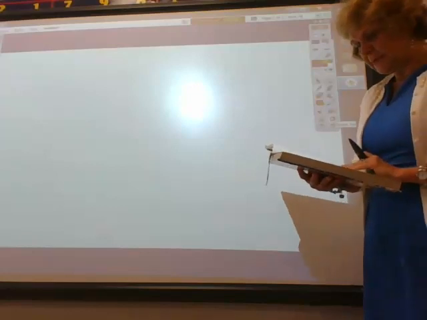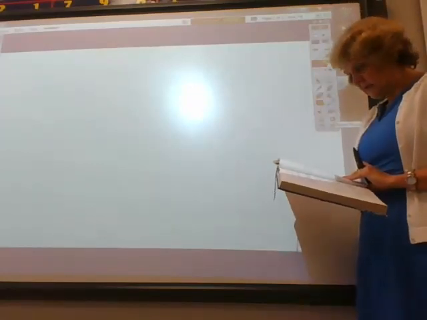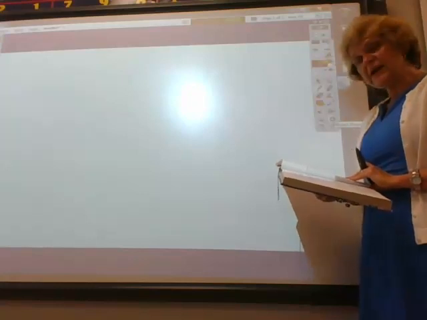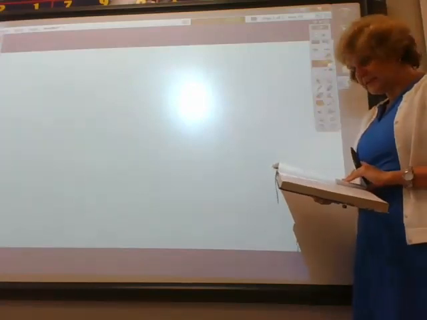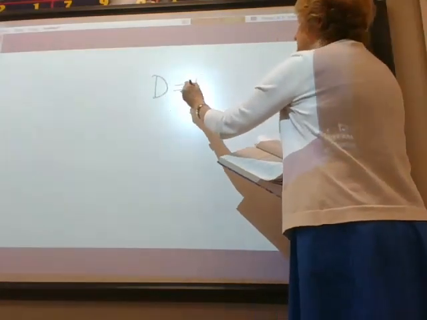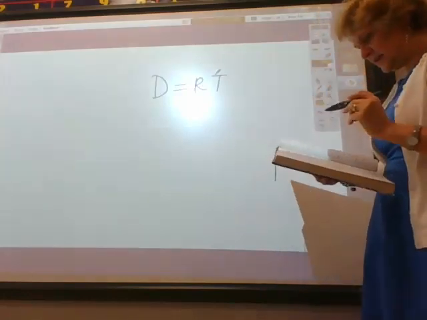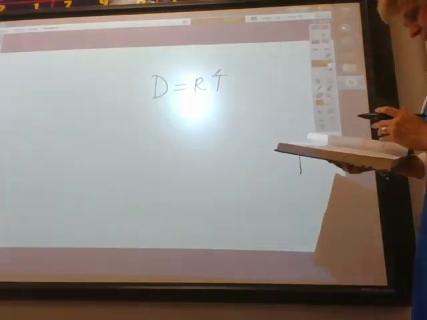Okay, the next example. The distance traversed by a car traveling at a constant speed is directly proportional to the time spent traveling. Okay, so we're very familiar with this one. Distance is rate times time, or that constant is my rate.